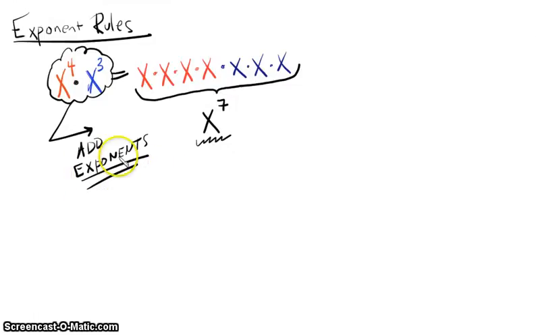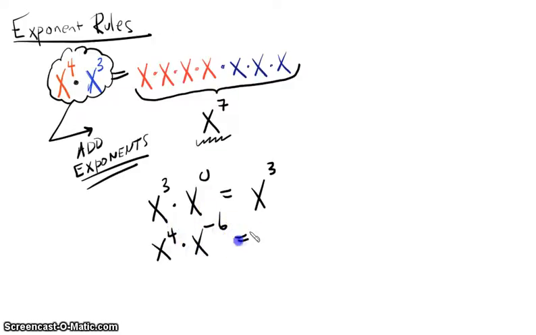Once I know this is the rule, it doesn't matter what I'm dealing with. My rule here is I add my exponents every single time. Add your exponents. So do not overthink this. This is your rule every single time.